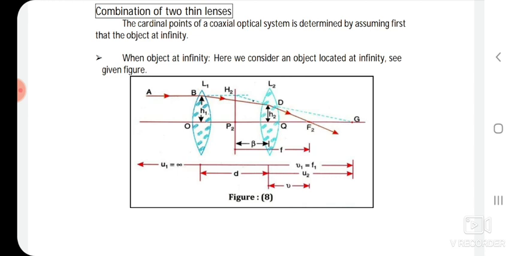Now, if we are discussing a two lens system, we have to find the focal length of this entire system.